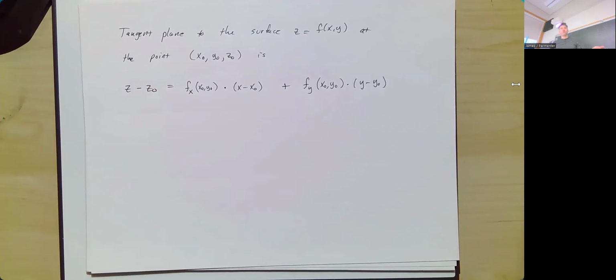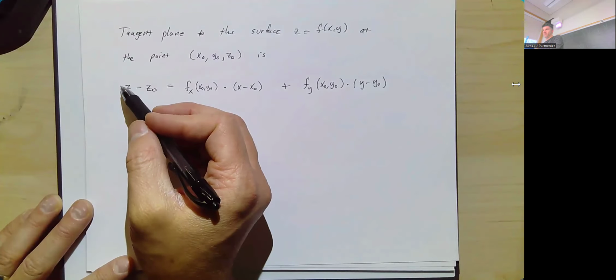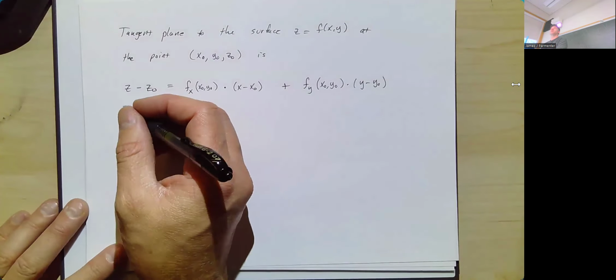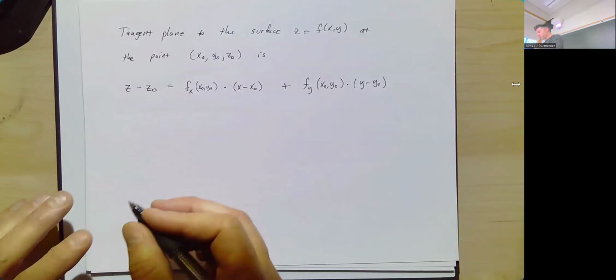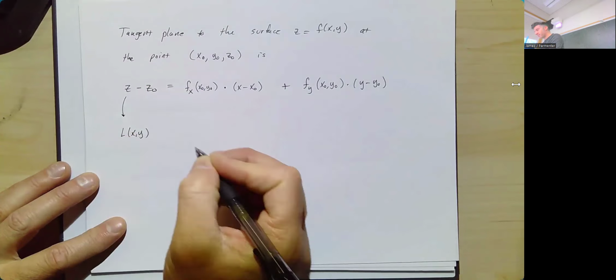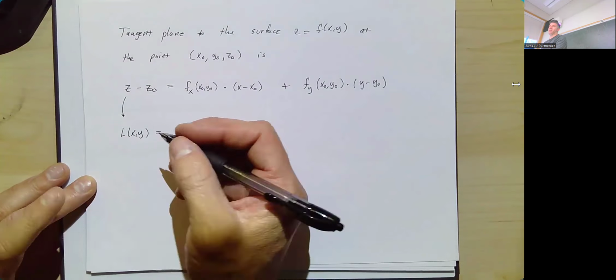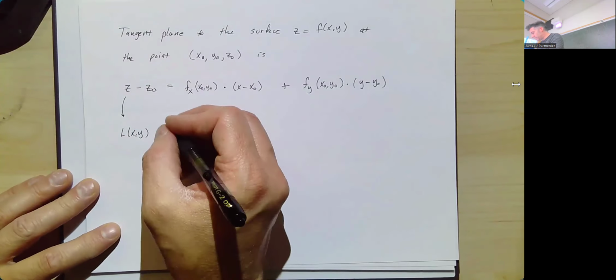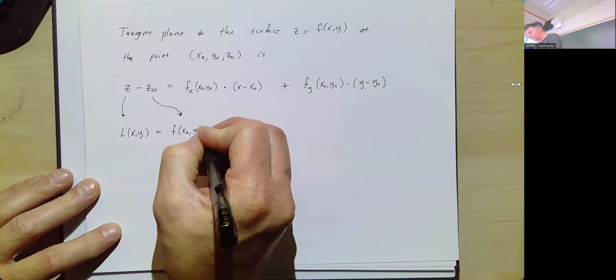And then, just like before, if we want to find the linearization, you're basically just isolating the z part and replacing it with L of the variables. But now instead of L of x, like it was in the previous page, it's going to be L of x comma y. So z will now be L of x comma y, and it's going to equal z naught, which is f of x naught comma y naught, which makes sense, right?